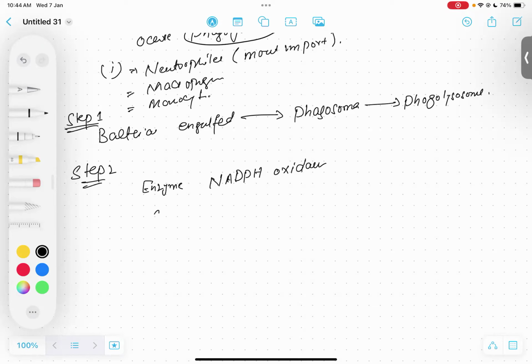It combines with oxygen, and as a result, oxygen becomes superoxide, and this produces NADP plus. So this is the second step, and this step is usually the core of respiratory burst.